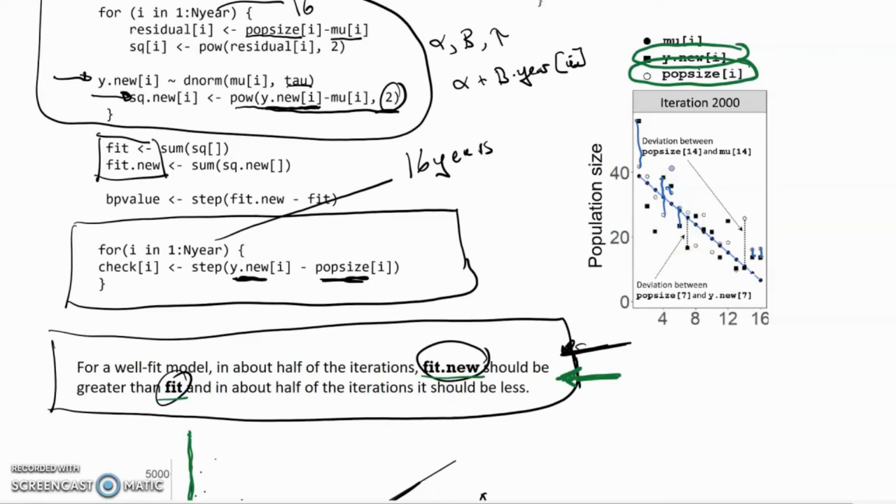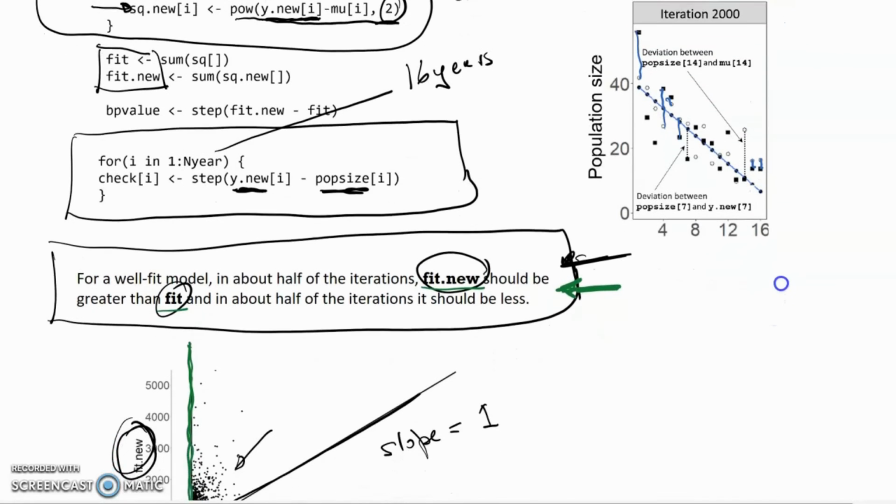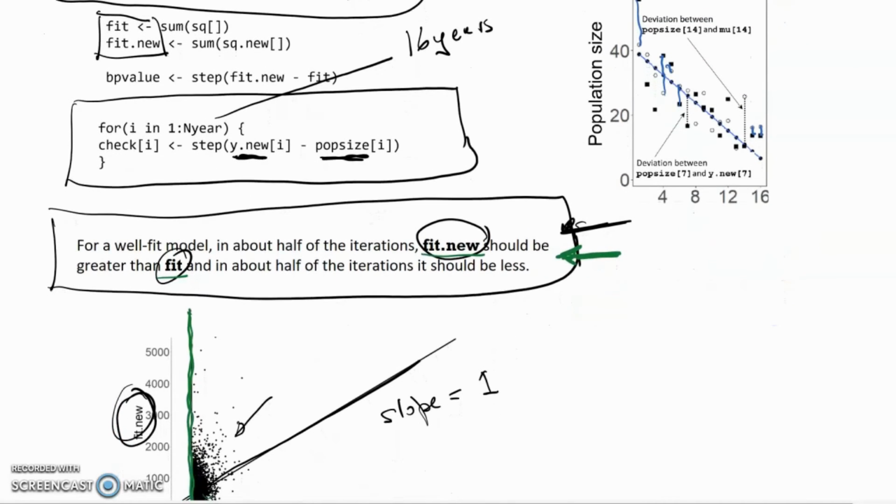So we're looking at the difference between y new I and pop size. And again, what we're going to use is our step function. So if y new I is greater than pop size I, then we get a 1. Otherwise, we're going to get a 0.